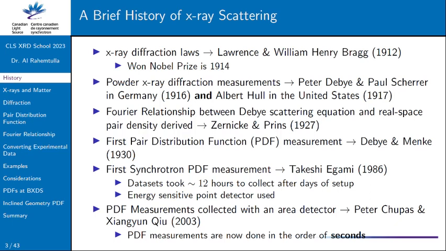And the big revolution came in the early 2000s, 20 years ago, when PDF measurements started being taken with area detectors. And at that point, the big time problem that existed using these original methods went away because we can now collect a whole range of angles at the same time, much like how we do powder diffraction measurements with an area detector. And this now let us collect a PDF measurement on the order of seconds or minutes rather than hours and days.